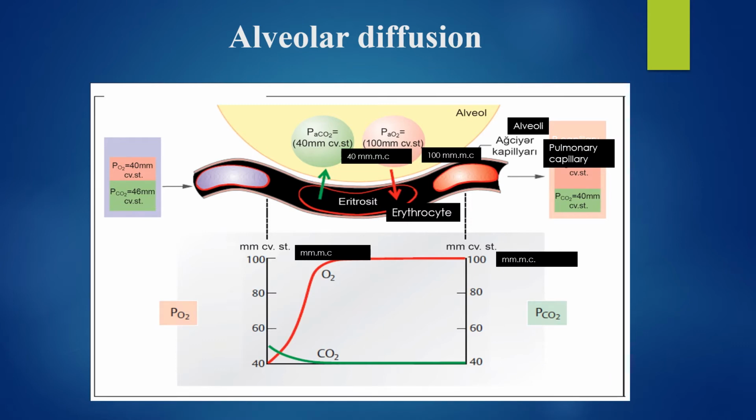In the blood flowing to the lungs, the partial pressure of oxygen is 40 mm of mercury, and in the blood returning from the lungs to the heart, 100 mm Hg. And the partial pressure of carbon dioxide in the initial part of the pulmonary capillaries is 46 mm Hg, and in the final part 40 mm Hg.